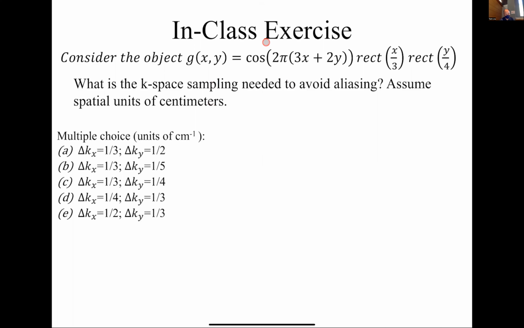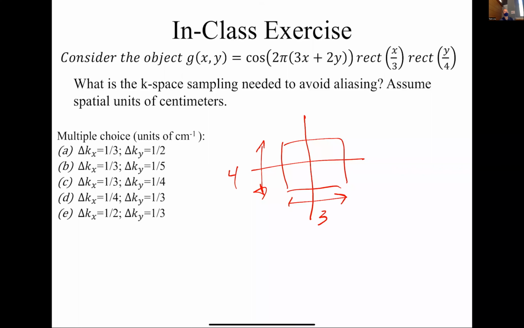So let's look at that. This is an object that has a width of 3 here and a width of 4 here, right? Okay, so that's the extent of the object. And then inside, it's got some sort of cosine pattern in it, right? But does that cosine pattern matter for this problem? No, right? Because it doesn't affect the field of view. So whatever's in here, I could just draw anything in here.